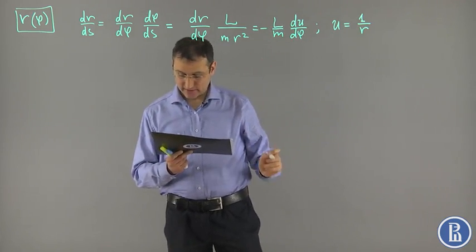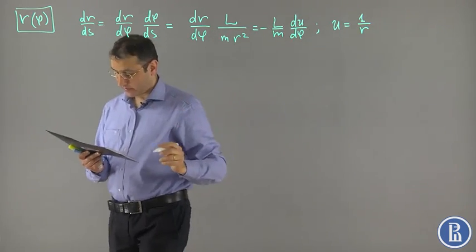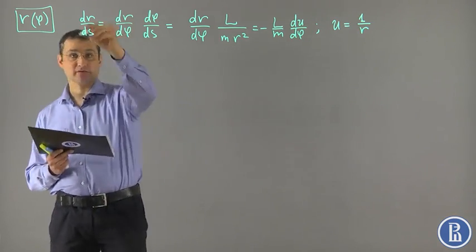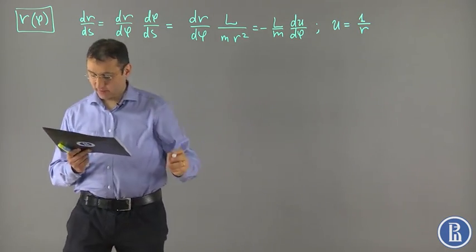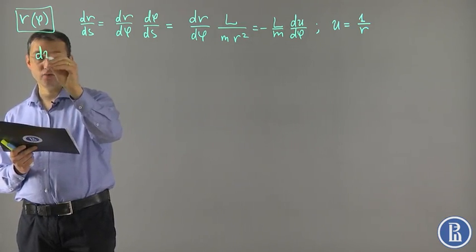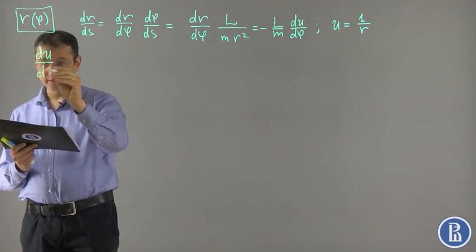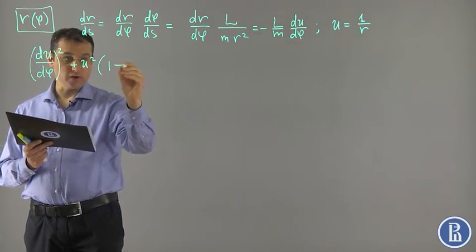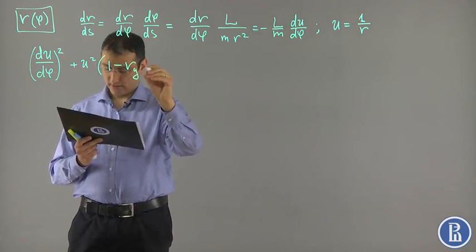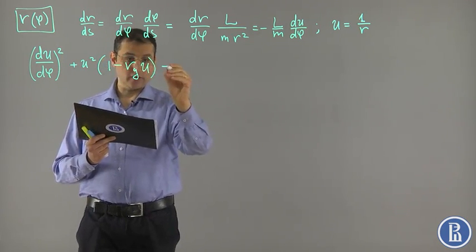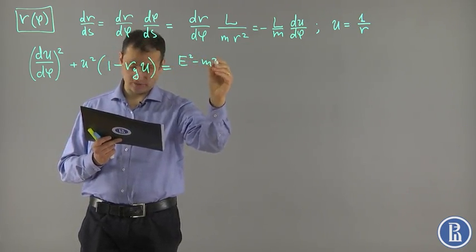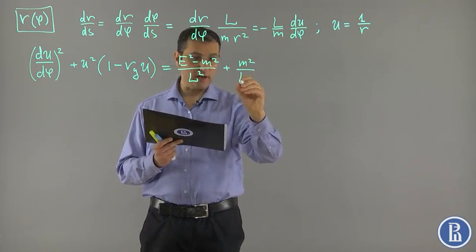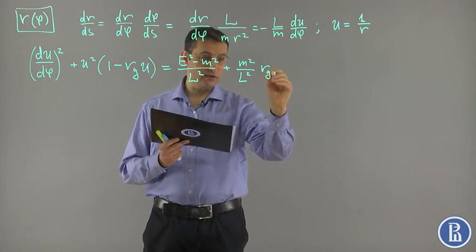So then, using this new definition, the equation for the geodesic, which was using dr over ds, can be written as follows: (du over d phi) squared plus u squared times (1 minus r_g u) equals E squared minus m squared divided by L squared plus m squared divided by L squared r_g u.